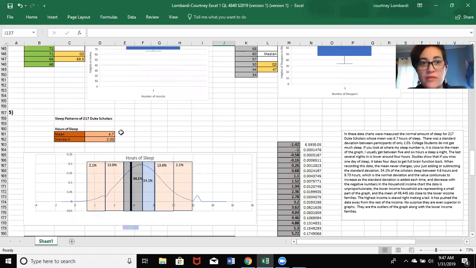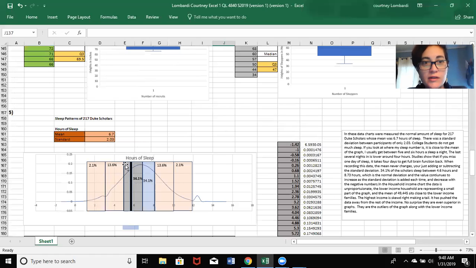So they all roughly get close to 6.7, which is here, 34.1% of the total number of 217. So 34.1% of them sleep around 6.7, and they had a standard deviation, which means they all deviated from each other about 2.03 hours.